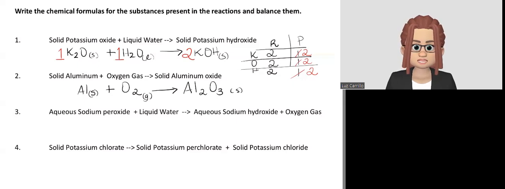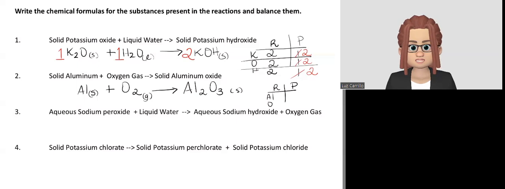Next, let's do the count of atoms that we have for this reaction. I have reactant, I have product. Here I'm only dealing with aluminum and oxygen. In the reactant, I only have 1 aluminum.